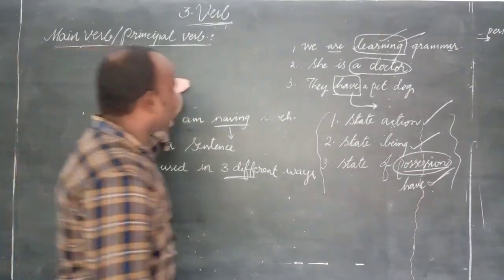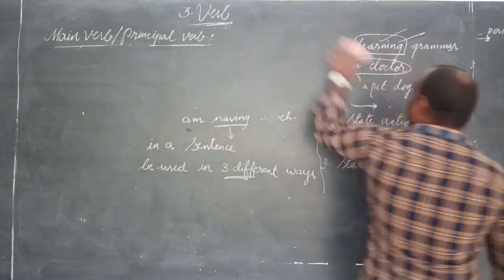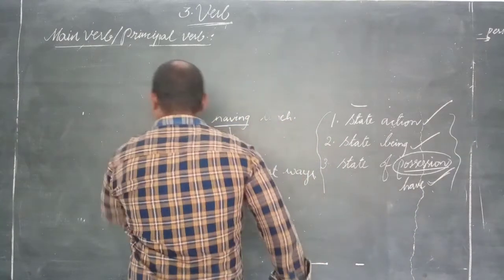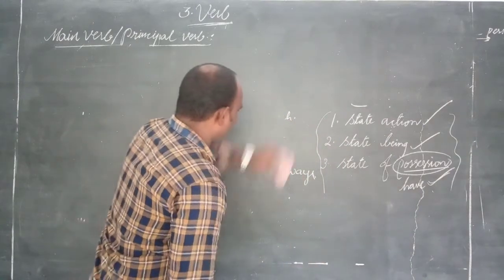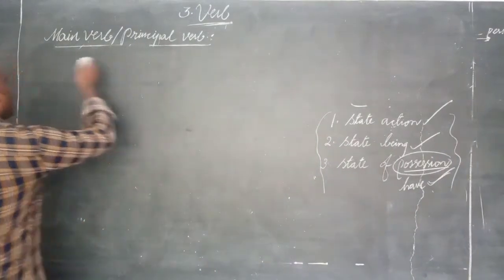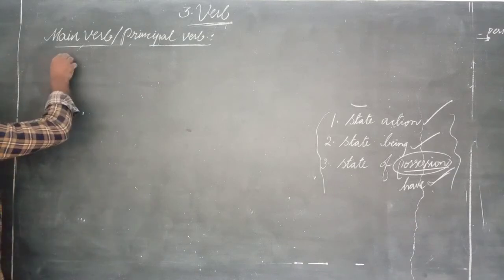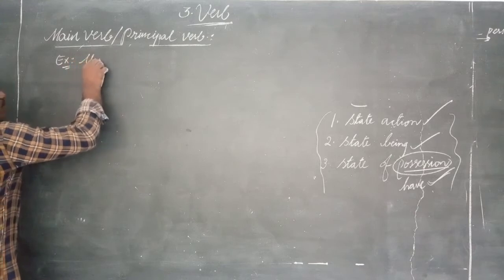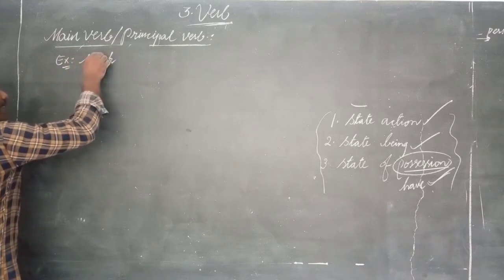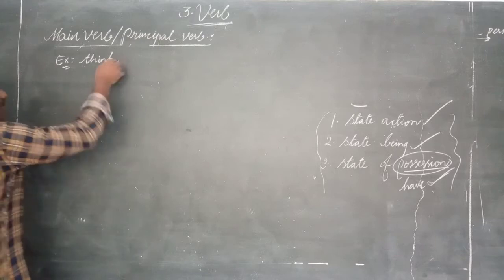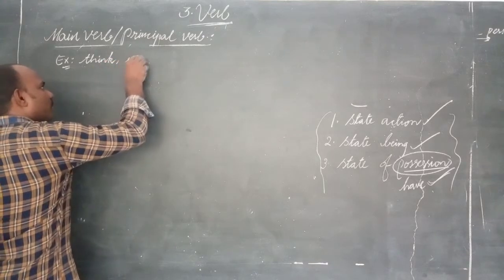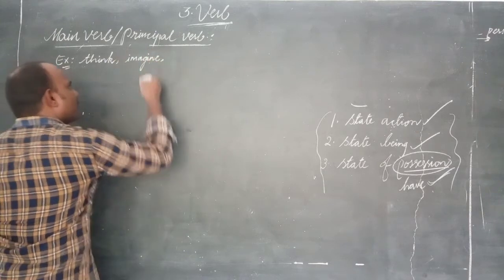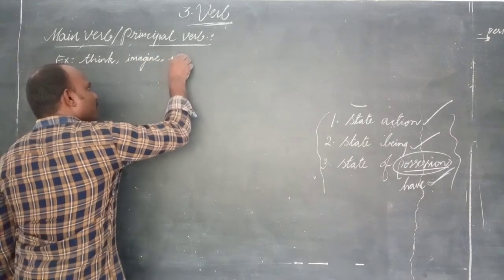I'll give you some examples of non-progressive verbs. We should not use "I am thinking" or "you are thinking." Think. Imagine. Wish.